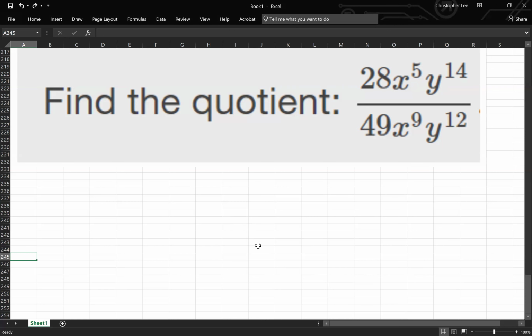All right, let's knock this out. 28 divided by 49, what is that? What is it? 4 and 7, okay, good. And then x to the -4, and then y to the second, right?